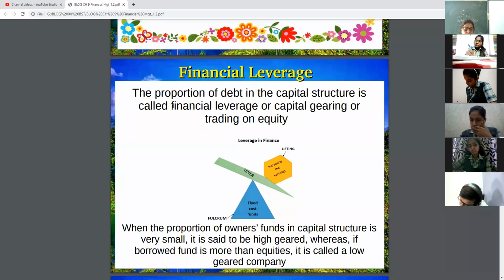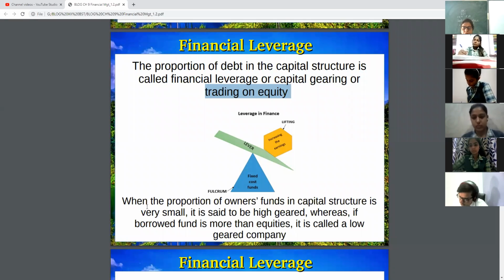This question will come by three terms. First is financial leverage, maybe capital gearing, and the main term you should learn is trading on equity. The term is equity, but the meaning is the proportion of debt, debentures and long-term loans in the total capital structure.